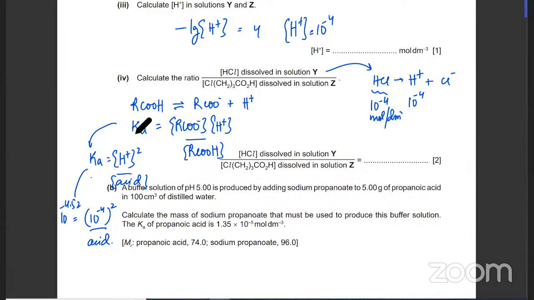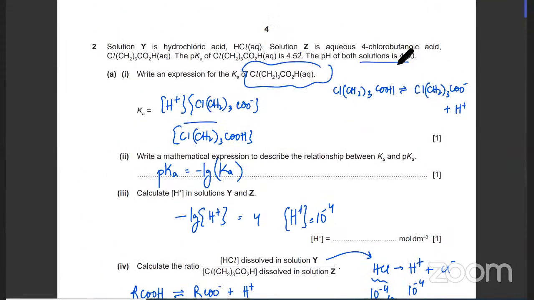So how will you calculate the acid concentration? How will the acid concentration come to us? This RCOOH, it will come, because these two have the same concentration, right? The question has already given you that the pH of both solutions is 4.